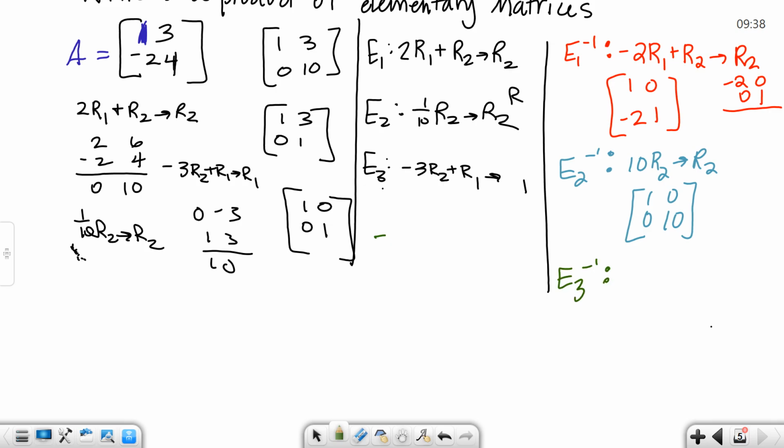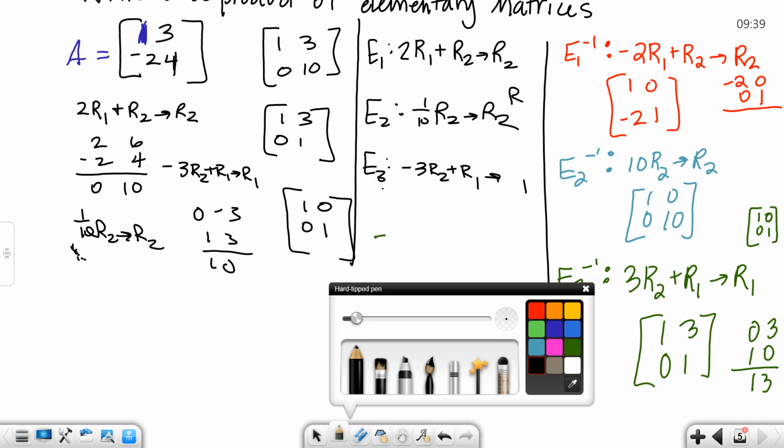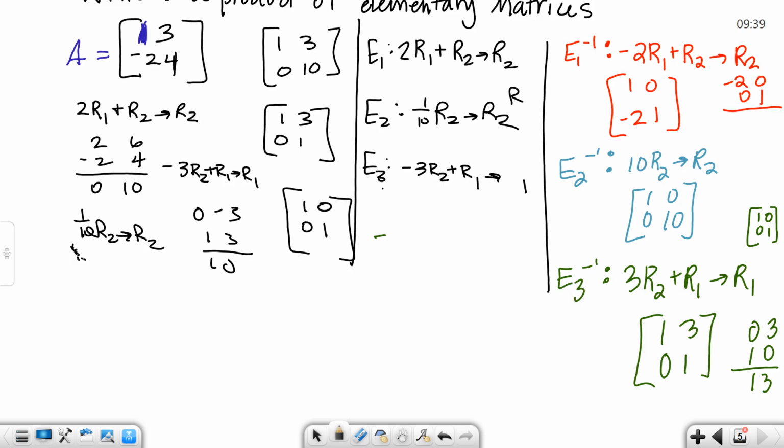E3, negative 3 row 2 would be positive 3 row 2 plus row 1 gives me a new row 1. Throw me an identity up there where I can see it better. So 3 times row 2 plus row 1 gives me a new row 1. That's how it looks. Now, that's how I think of it.